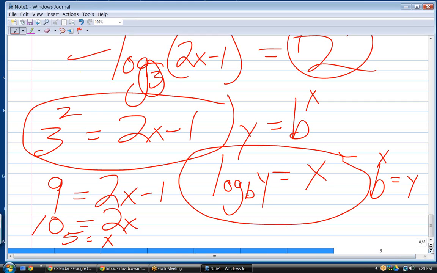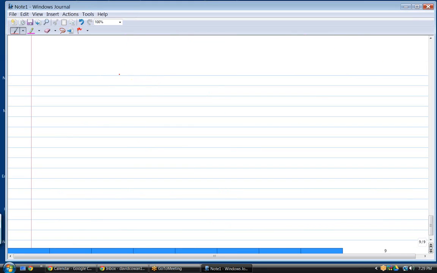So do you have another one real quick? Another log question? Let's reinforce that point. So 5 to the power of log base 5 of x equals 3.